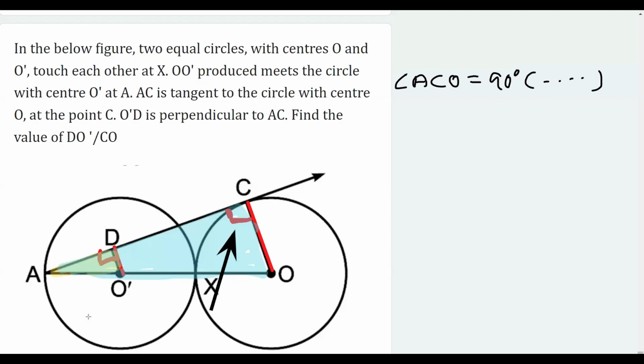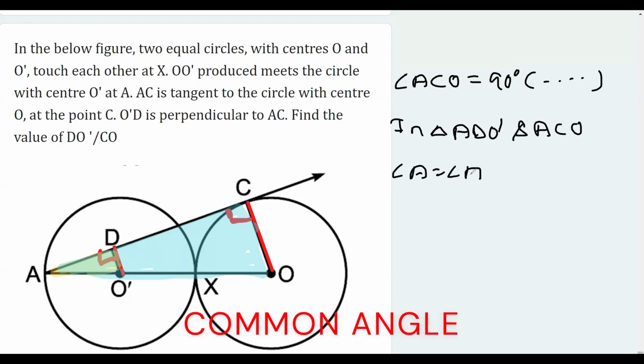As you can see, these two angles are 90 and we have one angle which is common. So I can write the triangles as similar. So I'm proving it as you should do in the exam. I'll take the triangle ADO dash and the other triangle ACO. Here I can see angle A is equal to angle A, which is the common angle.